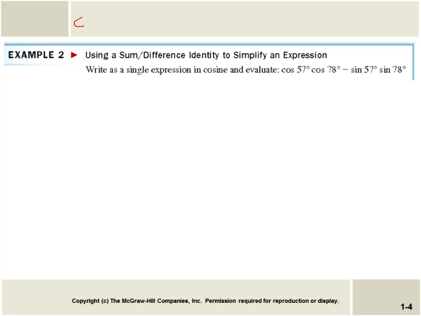Well, notice that the cosine, no, you can't flip. So if the cosine of A plus B is equal to cosine A, cosine B, minus sine A, sine B, right? Does this look like anything familiar?